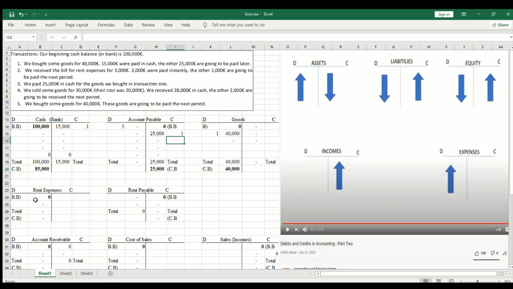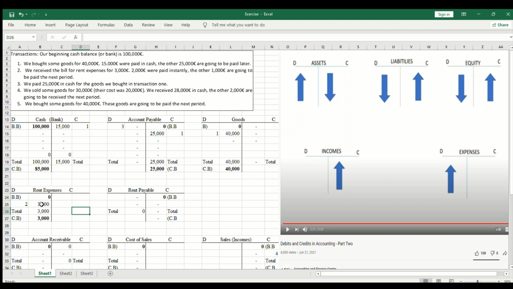So in transaction 2, we have rent expenses for 3,000 euros. Okay, we go to the account of expenses here. As we see, expenses are usually recorded on the debit side.